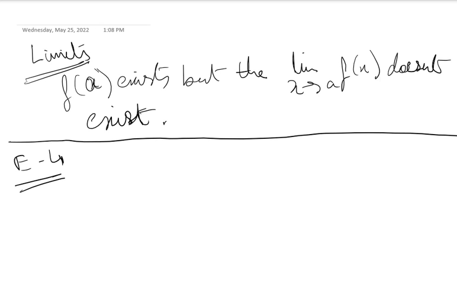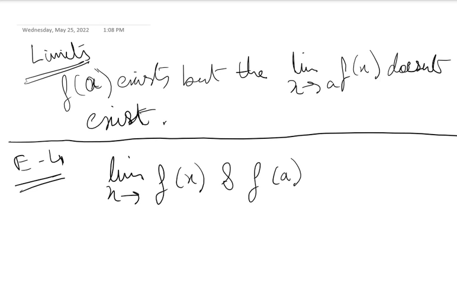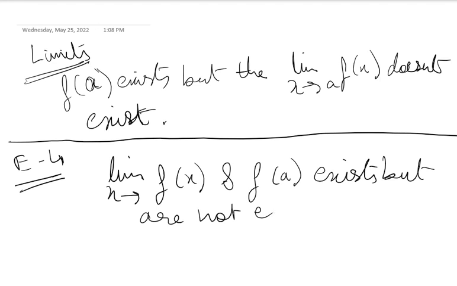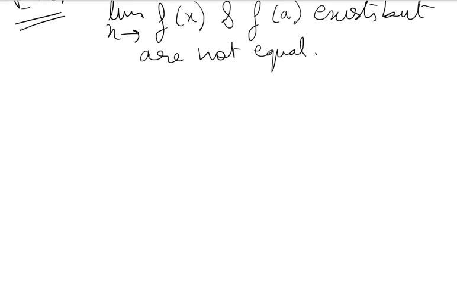Okay, you write it numbering wise. It says that limit of x tends to a, f of x and f of a exist but are not equal. Okay, so let's give an example for this.